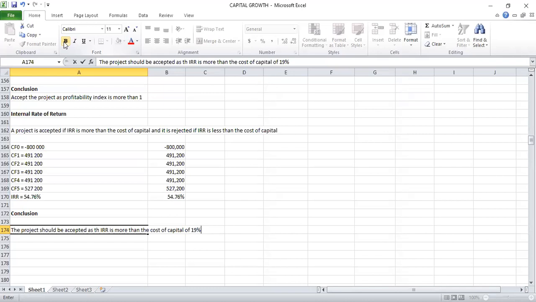And the opposite also applies: when a project has got a negative NPV, the profitability index will be less than 1, and the IRR will be less than the cost of capital. So the conclusions reached, if you are looking at one project, will always be the same. But when you are looking at multiple projects, they will be different.